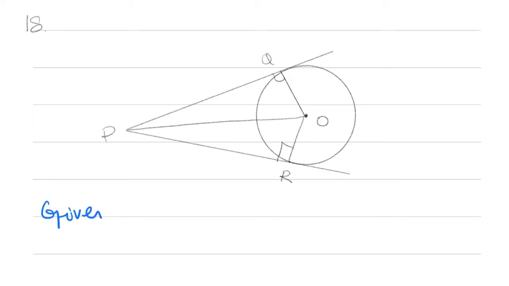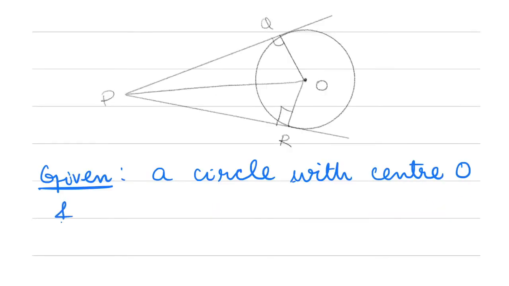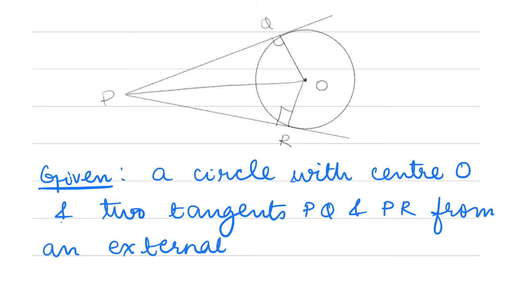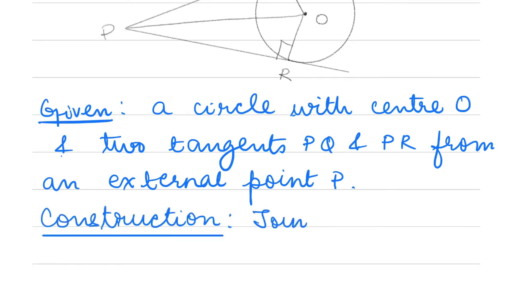We are given a circle with center O and two tangents PQ and PR from an external point P. Now for construction, join OQ, OR and PO.